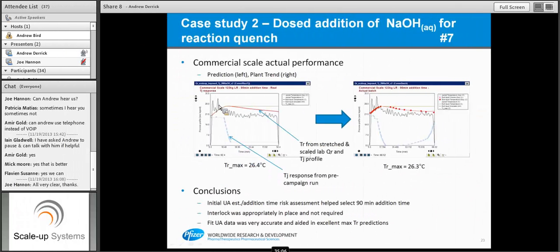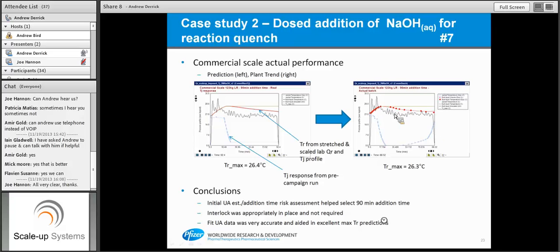It's the stretched and scaled QR from the RC1, and this is the predicted TR from those two events. You need a combination of the heat output and the jacket profile and the UA. And it's predicting a maximum temperature of 26.4 degrees. So what do we actually find? This is the real TJ response.